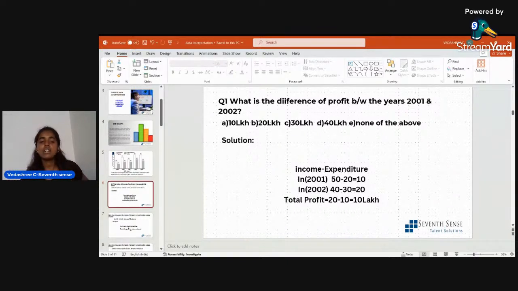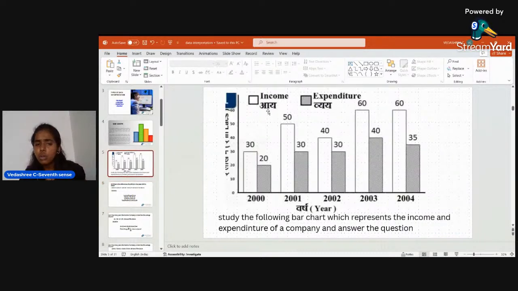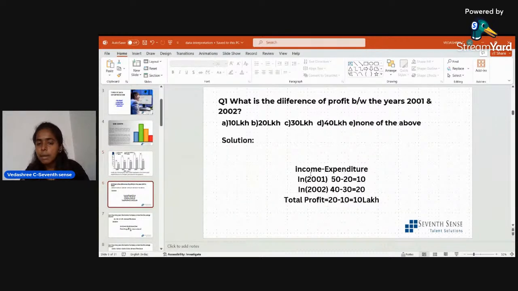So what is the formula to calculate? Here only income and expenditure is given, so we need the difference between income and expenditure in both 2001 and 2002.